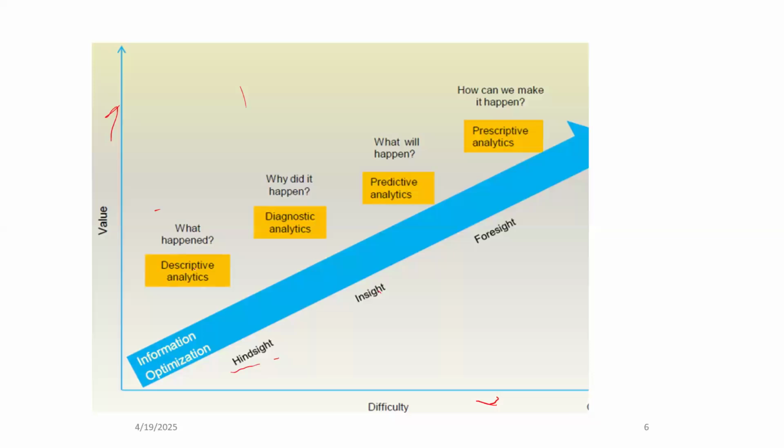We are okay with this. At least we know what is happening in our branches. They are not yet ready to take it to the next level of insight and then foresight. They are more comfortable having descriptive analytics, which is okay. But that means they are not maximizing the power of data science and analytics.